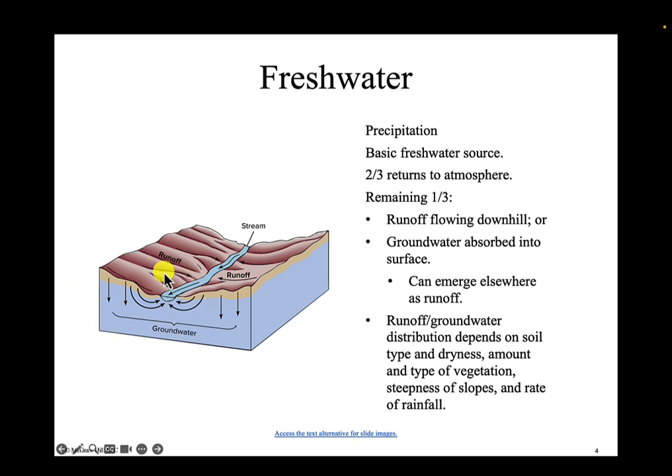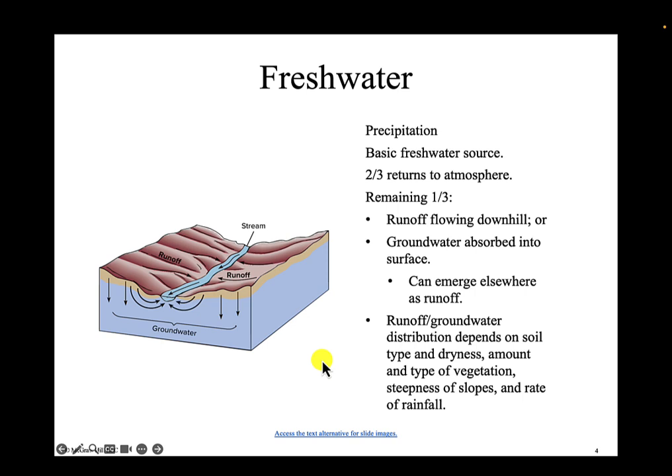This distribution between the runoff and the groundwater will depend on the type of the soil, the dryness, and also the type of sediment that makes that soil.